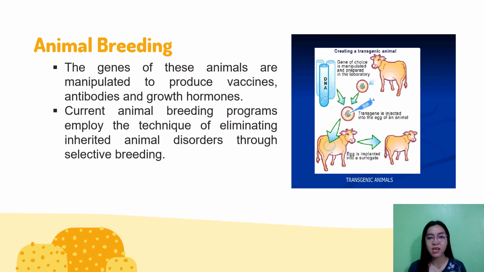In genetically engineered cows and pigs, there is a corresponding increase in usable meat supply per unit of food intake. Through biotechnology, super chickens are produced. These are chickens that grow faster with a higher quality of meat and can lay a greater number of large eggs. Current animal breeding programs employ the technique of eliminating inherited animal disorders through selective breeding.